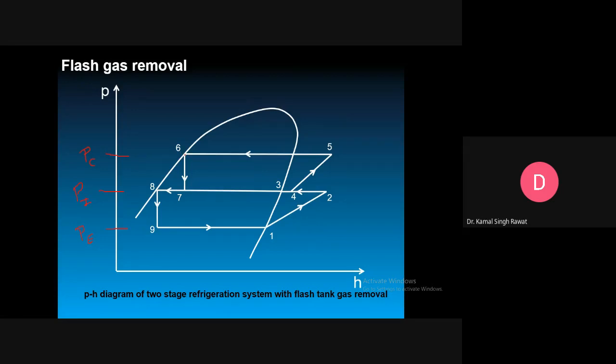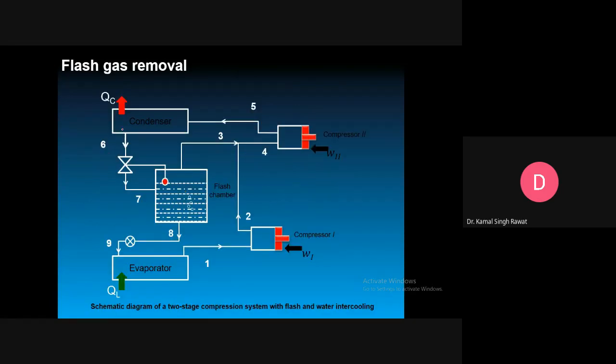So this is the outlet of the compressor. At this point, we have saturated liquid, and this saturated liquid is expanded to the flash chamber pressure or intermediate pressure. 6 to 7 is an isenthalpic expansion. And in this flash chamber or flash tank, we separate the liquid and vapor.